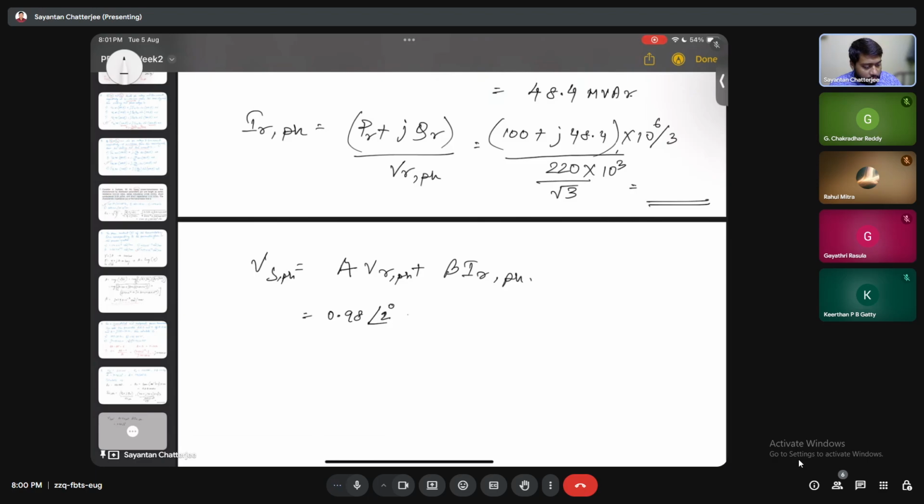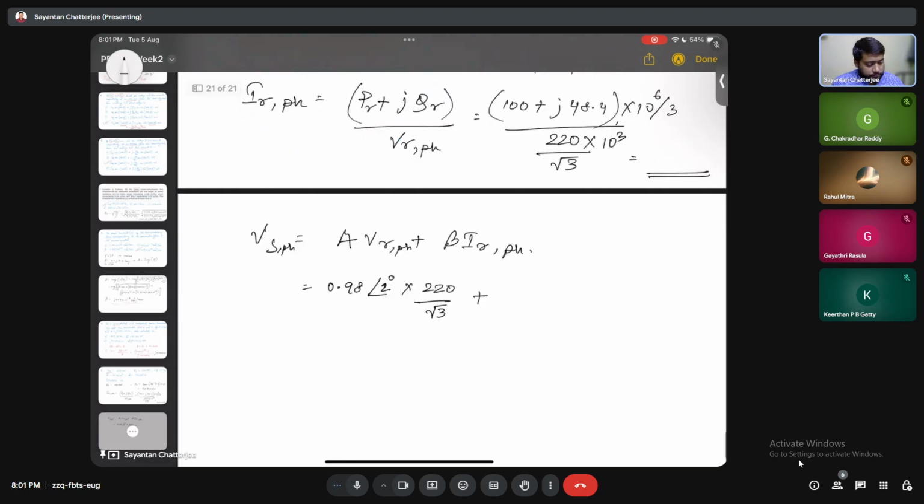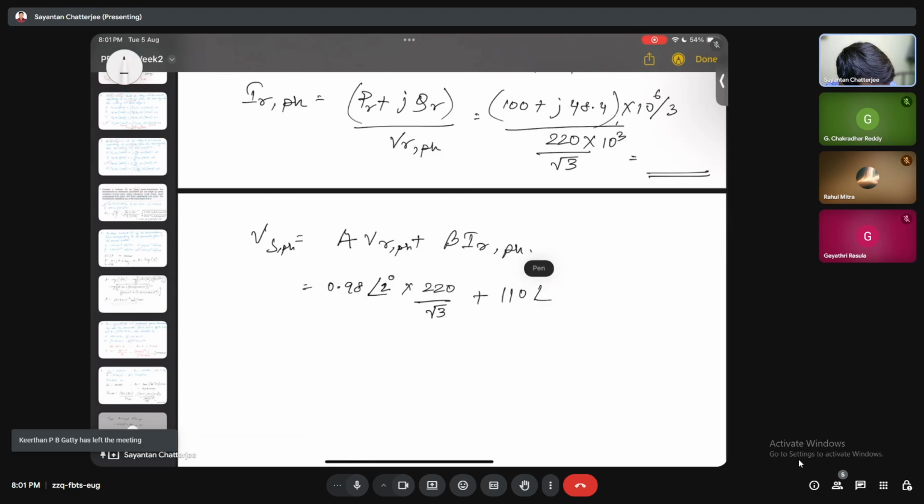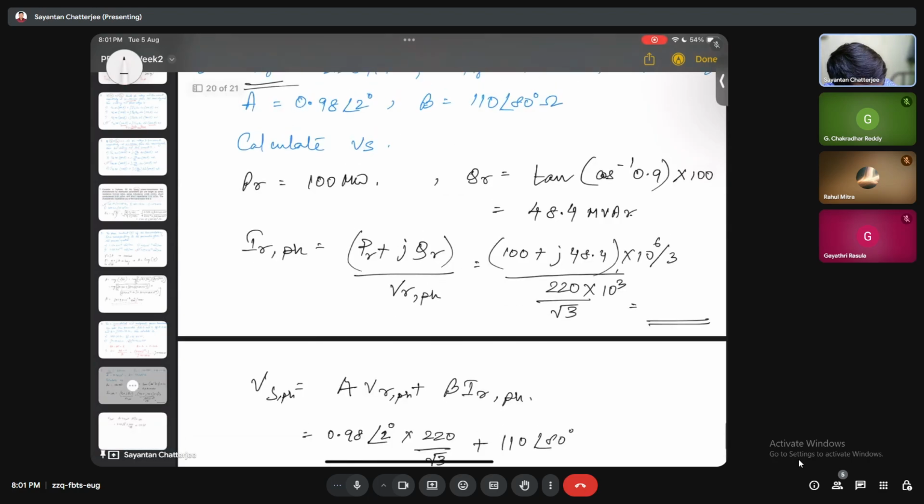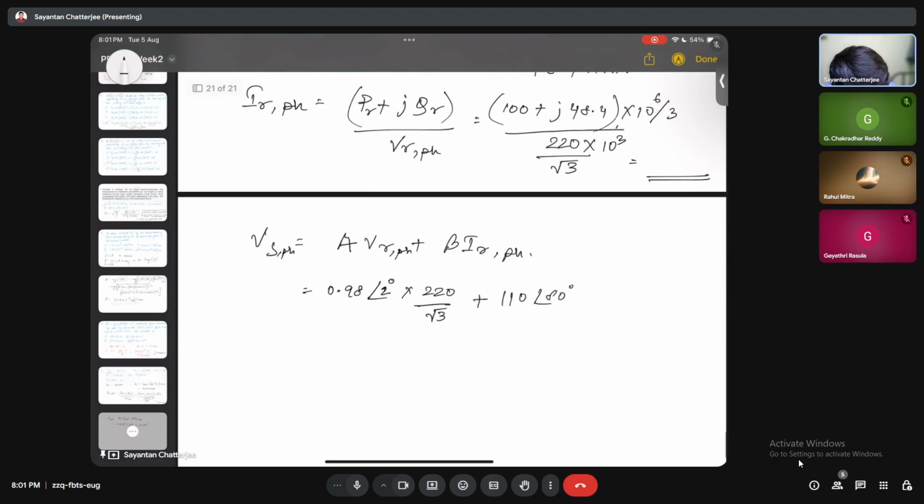VR is already known, 220 by root 3, and B is 110 of the TS and the current.